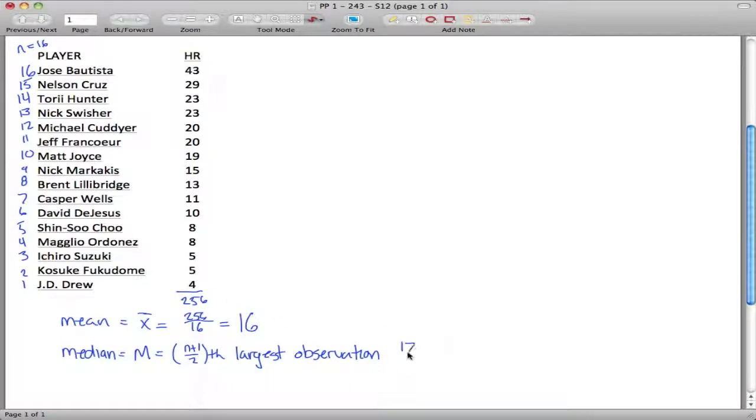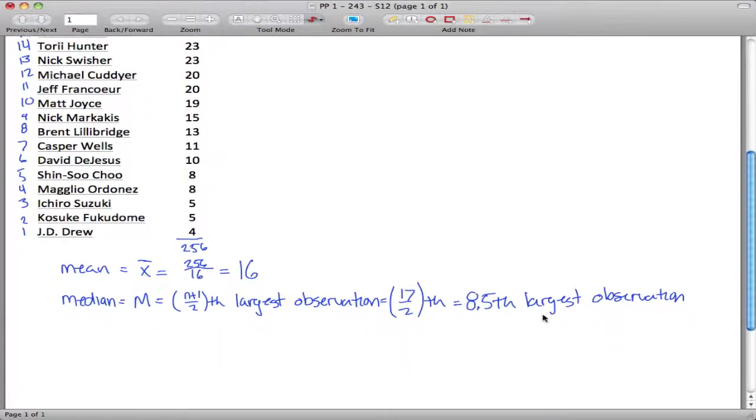So it's 17 over 2, which is the 8.5 largest observation. How can you have an 8.5 largest observation? Well, I guess you can't, but you could take the average of the 8th and the 9th. The 8th hit 13, the 9th hit 15. 13 plus 15 divided by 2 is 28 divided by 2, which is 14. So our median is 14.